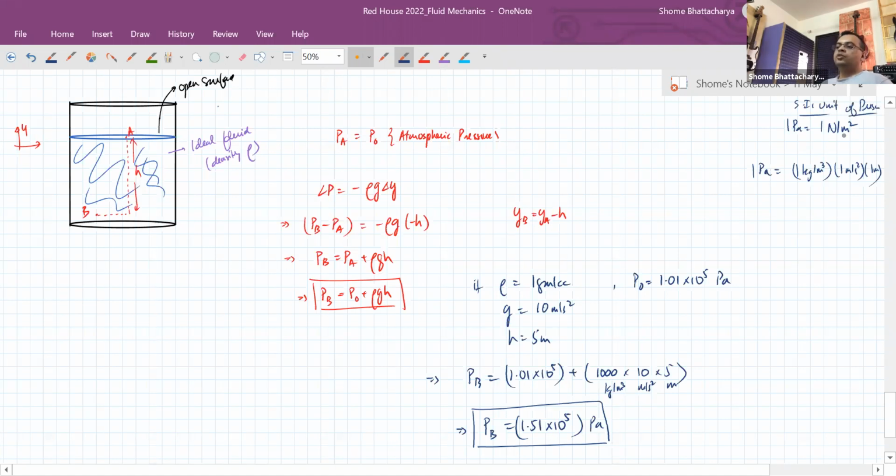We'll also be talking about the barometric units of pressure like atmosphere, bar, or torr. Now, this is very obvious, but something that is not so obvious is when we have an odd shaped container, how we apply the concept of pressure at any point inside it in that kind of situation.